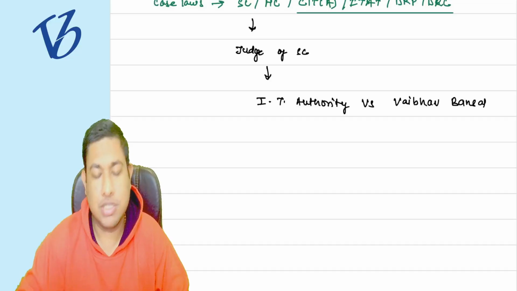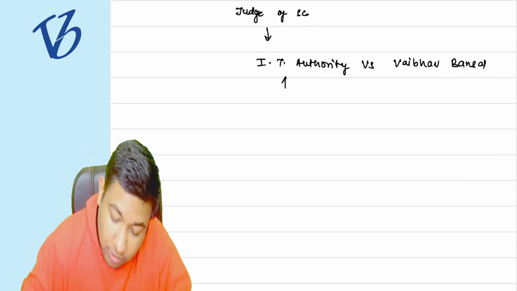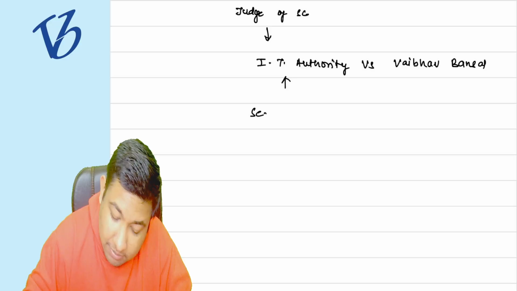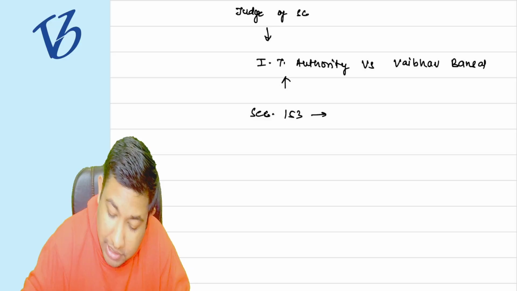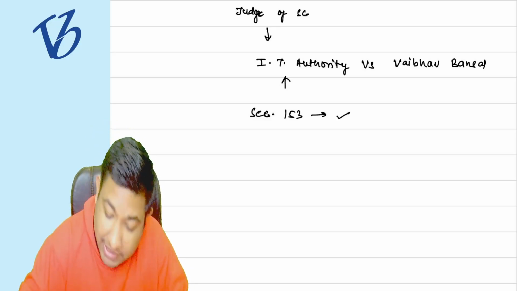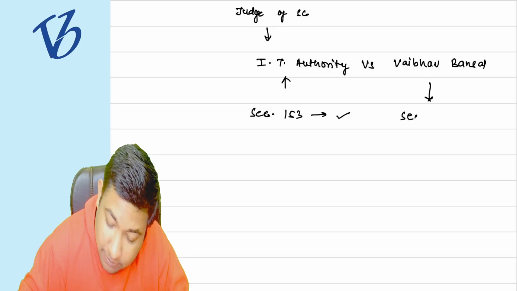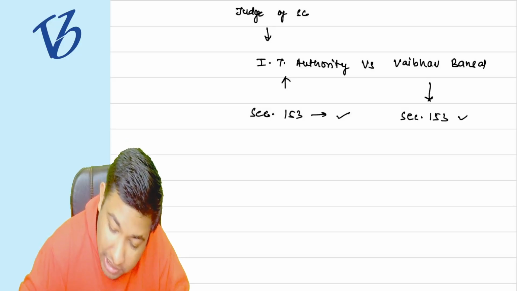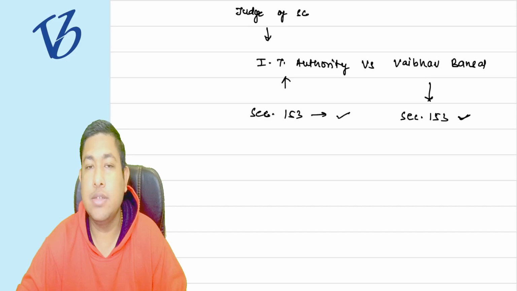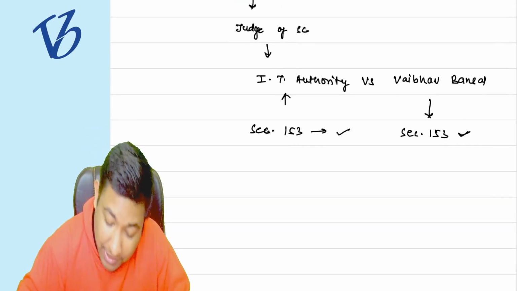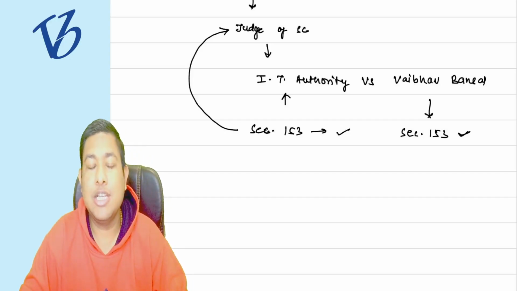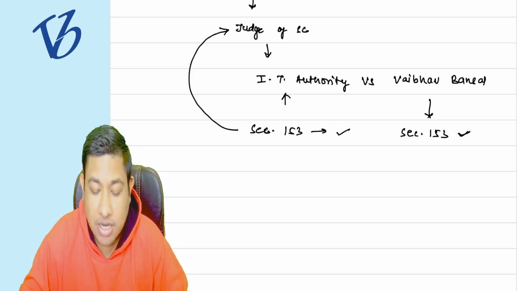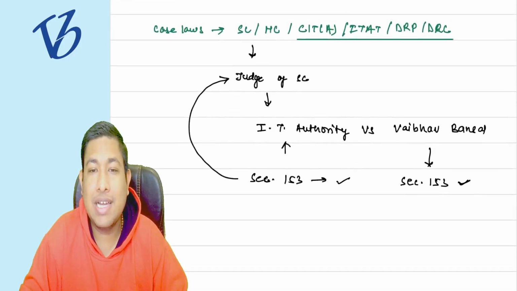Suppose the Income Tax Authority says that section number 153 is to be interpreted in this particular manner, but I say that section number 153 is to be interpreted in my favor. Now the matter goes to the judge of the Supreme Court, and it is the responsibility of that judge to interpret the correct law.